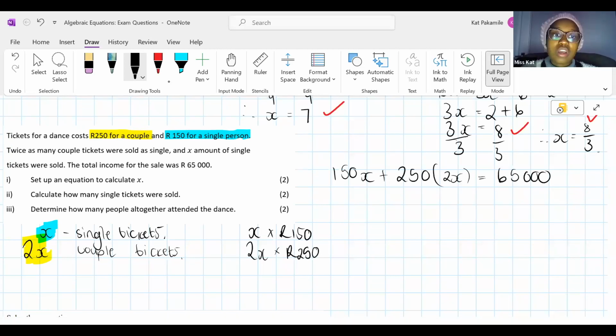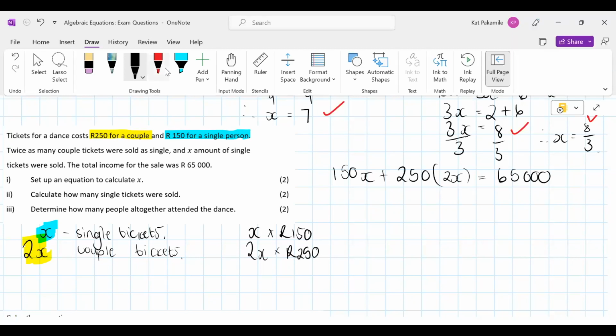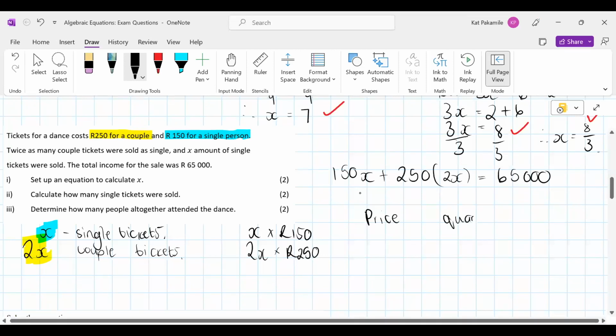So if X single tickets were sold, twice X is 2X. Are we with me until there? We have the prices and we have the quantity. Maybe I should have written it like that. Price and quantity.